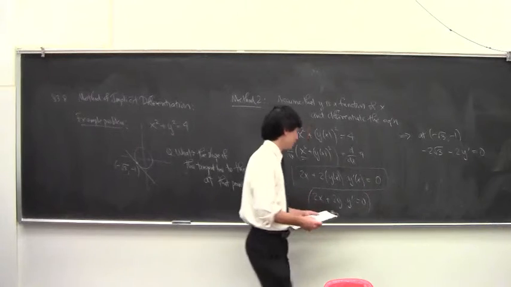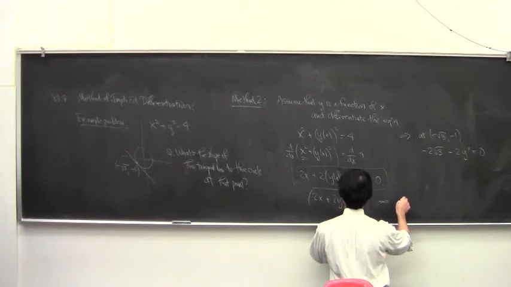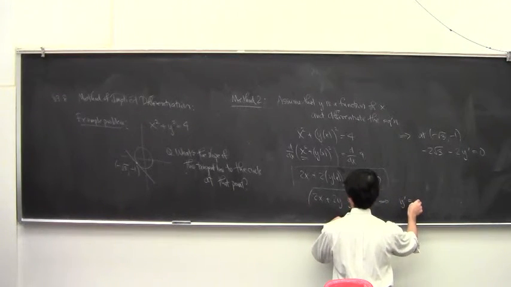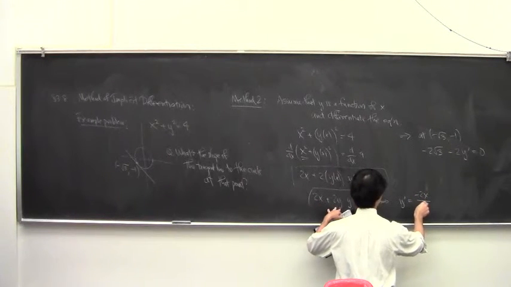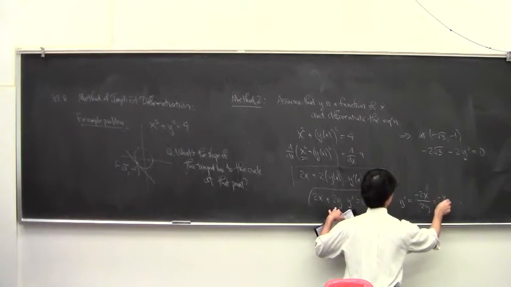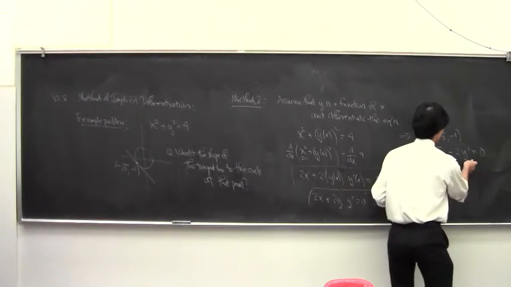Or maybe to make it simpler, you can solve for y prime here, but sometimes that's not the best way. Well, we can solve for it, fine. So y prime is going to be negative 2x over 2y, in other words, negative x over y, which is what you're going to get over here.